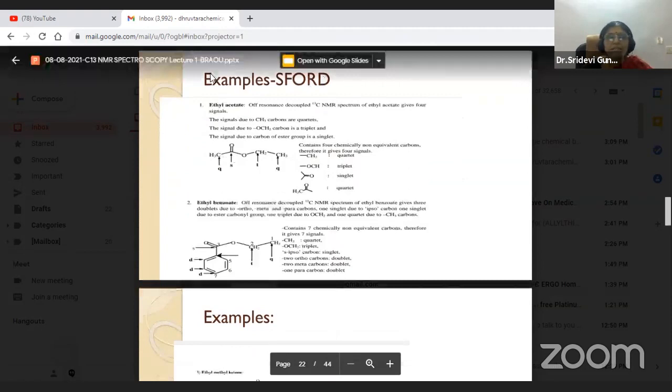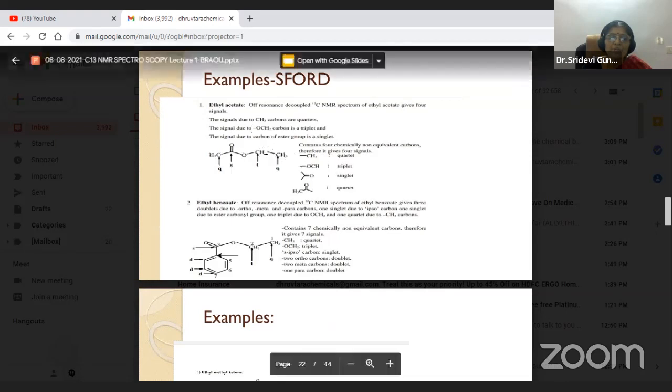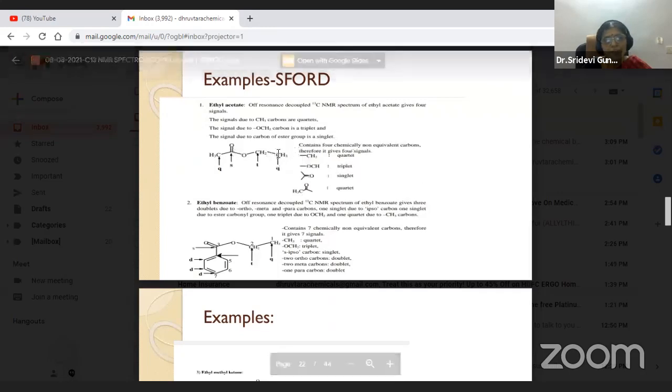Ethyl acetate: in its off resonance decoupled carbon spectrum, how many non-equivalent carbons are there? 1, 2, 3, 4. So you will get 4 signals. The two CH3 carbons each give a quartet.